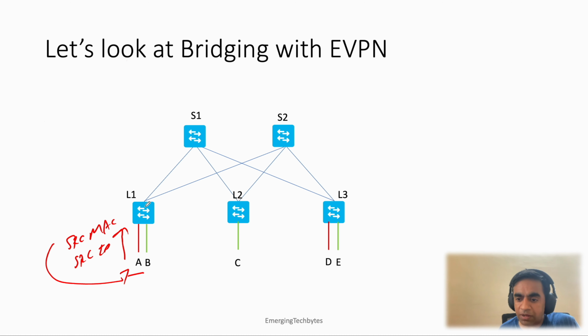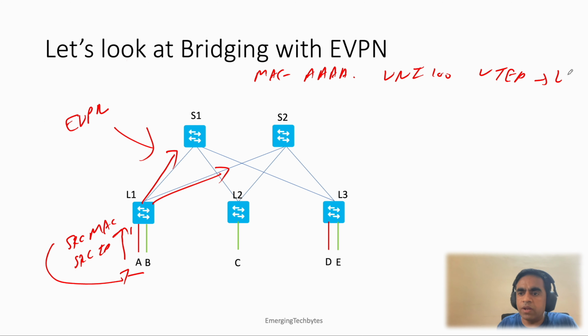So what it will send, let's say MAC address is AAAA, I'm highly simplifying it, VNI is 100 and VTEP is L1. This entry will be sent via BGP to S1 and S2.